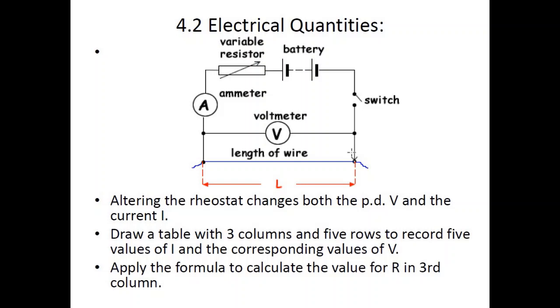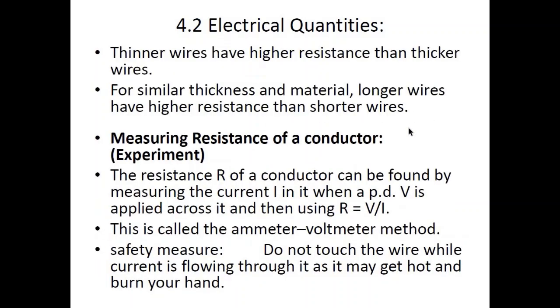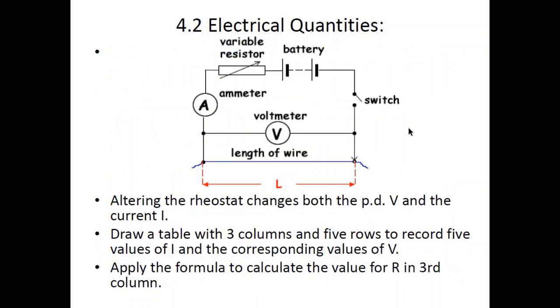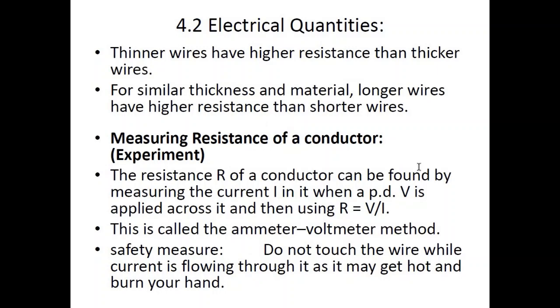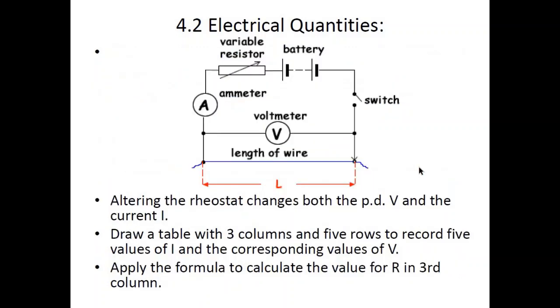In the third column you'll use the formula for resistance to calculate the value of resistance, and by doing that you can state the relationship between the length of this wire and its resistance, or, if given, the cross-sectional area.